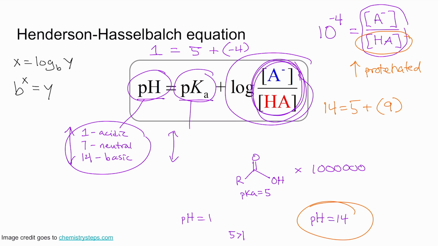So that means our log expression is saying that 10 to the 9 equals the concentration of base over concentration of acid. Since 10 to the 9 is a very big number, we have to say, okay, that means the numerator is much bigger than the denominator. So there's more concentration of the basic deprotonated version than the protonated version.